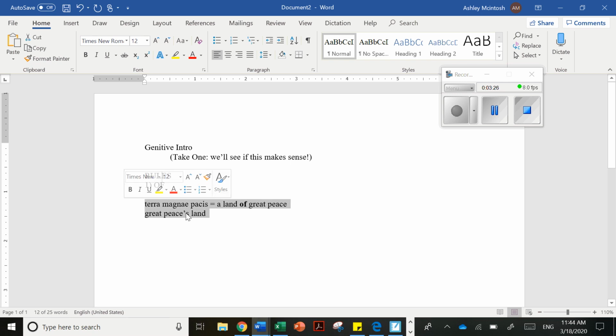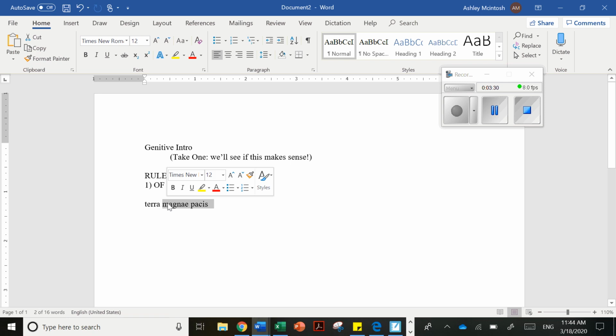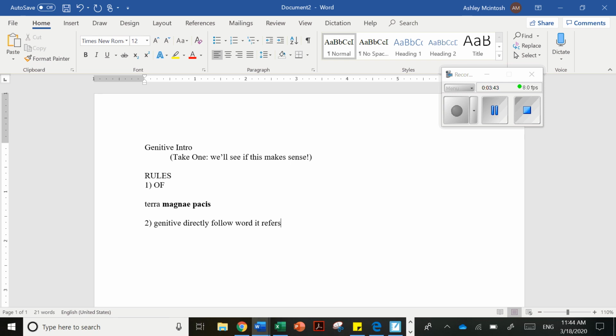The second rule is, and you can see this in the example right here, these words are in the genitive for me. They come directly after the word they're describing. So you saw things like the book of the child.